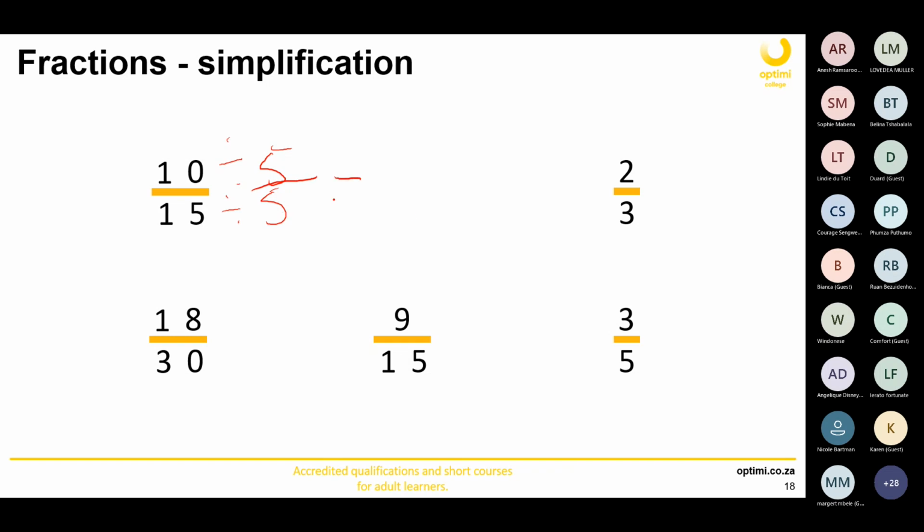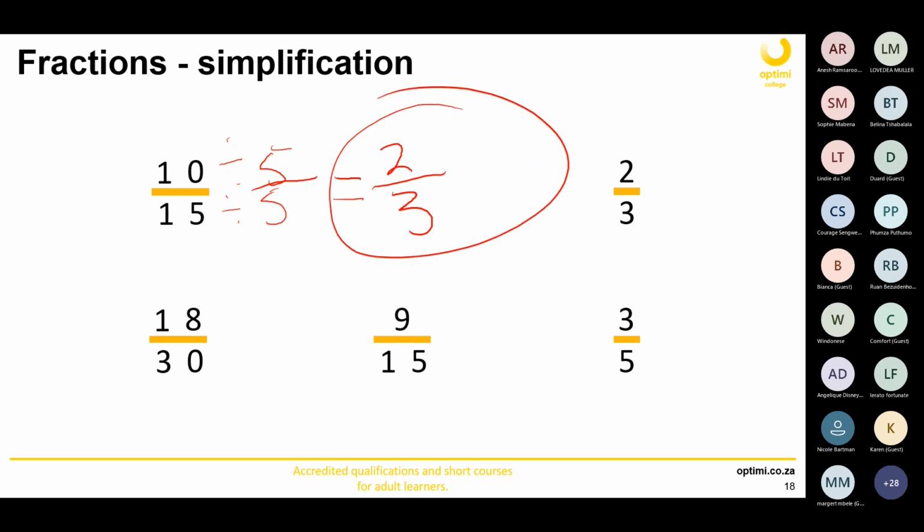But now my fraction suddenly becomes 10 divided by 5 is 2, and 15 divided by 5 is 3, which gives me 2 over 3. And that is what's called simplification. As long as you divide by the same number at the top and at the bottom, your answer will still be the same. That is called simplification.